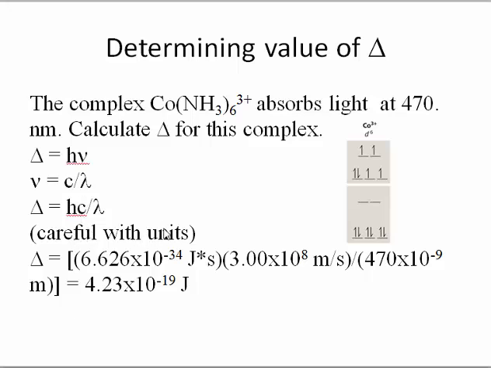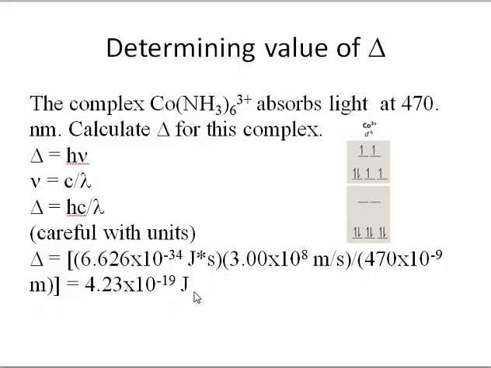You need to be careful with the units at this point, but you can then insert the value for h, 6.626 times 10 to the negative 34 joules times seconds from Gen Chem 1, multiplied by the speed of light, 3 times 10 to the 8th meters per second, and then divide this product by 470 times 10 to the negative 9 meters, which of course is 4.70 times 10 to the negative 7 meters.